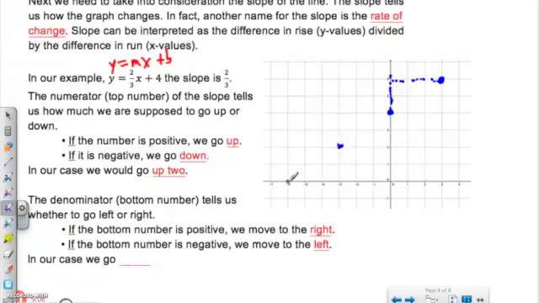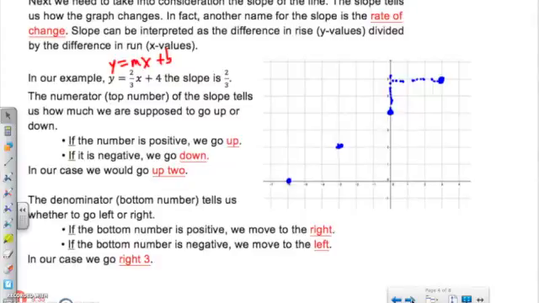So as long as you reverse both of them, you can work the other way around. In our case, we went right 3 because our denominator was a positive 3. So now we've started getting some points. We're starting to see something that's resembling a line.